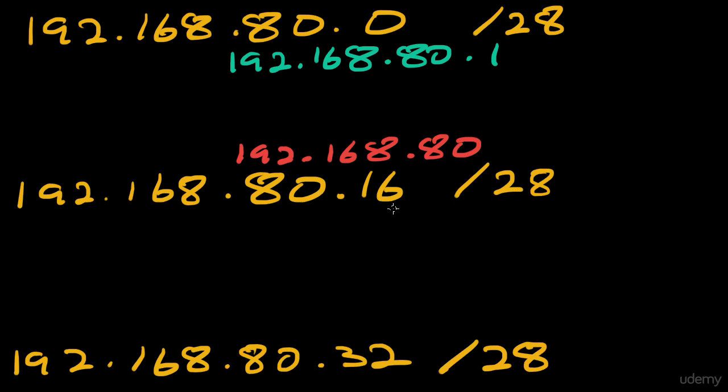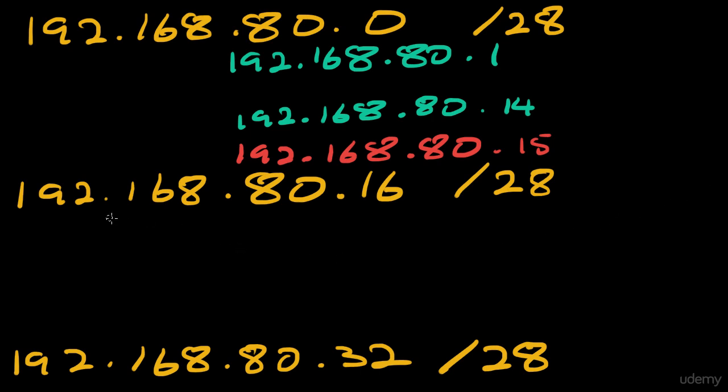Remember, all the magic is happening in the last octet because that's where we took the subnet bits from. Right before 16, we have 15. So the directed broadcast IP for the 80.0 network is 192.168.80.15. Therefore, the last valid IP address is 192.168.80.14.